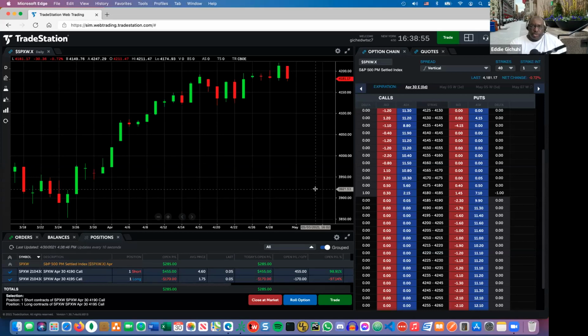Great question. By expiring worthless, it means that the price of the underlying did not come close or over my short leg. My short leg was 41.95, and we know that today SPX closed at 41.81, which means that I am out of the money. An out of the money vertical means that it expires worthless if you did not buy it back.